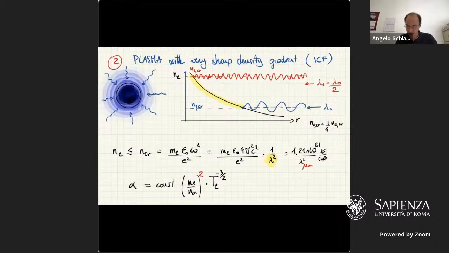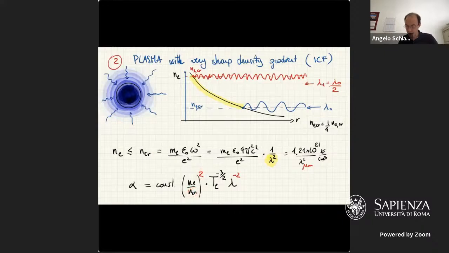Then we have the wavelength of radiation with the same dependence, but as you can see here, we have 1 over lambda squared under the square root.